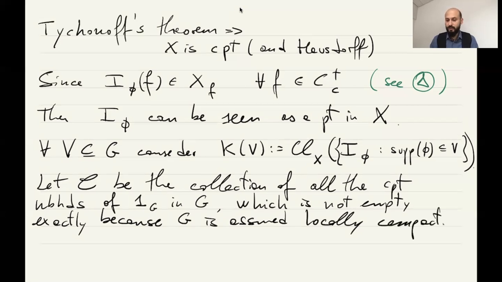Here we are using that G is assumed locally compact. So this family is non-empty.